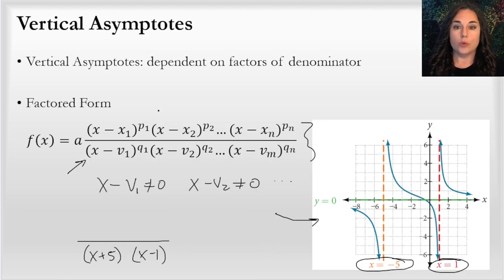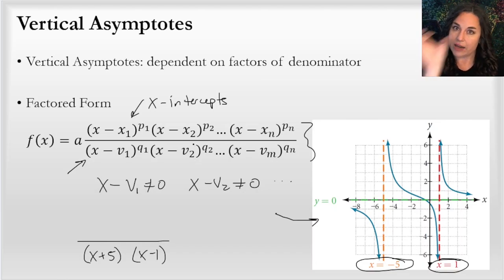All right. When I look at the numerator here, these x1s and x2s, those are the x-intercepts. So this should feel familiar to you from polynomials, right? That's how we identified zeros on polynomials, by looking at the factors of the polynomial. Simple, right? So when I look at this graph, let's see, that looks like -1/2, 0.